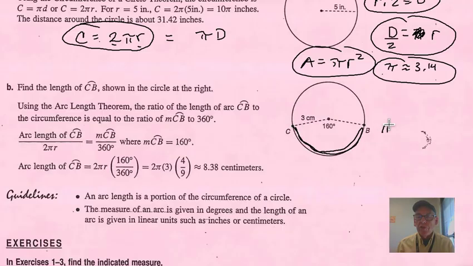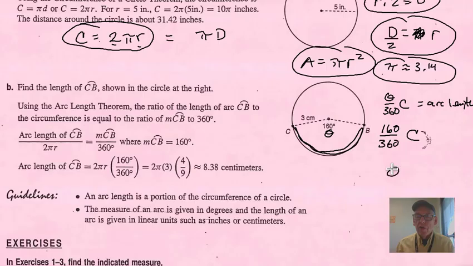It's actually 160 over 360, 160/360ths of the circumference. We can get at that by using the central angle, usually called theta. So theta over 360 times C is going to give us the arc length.